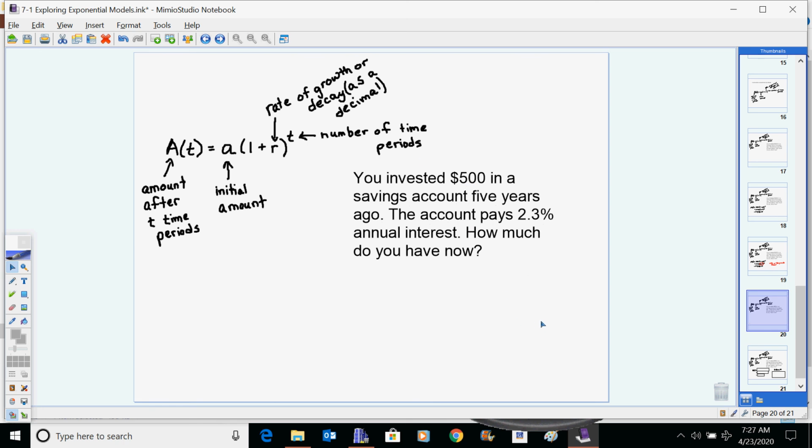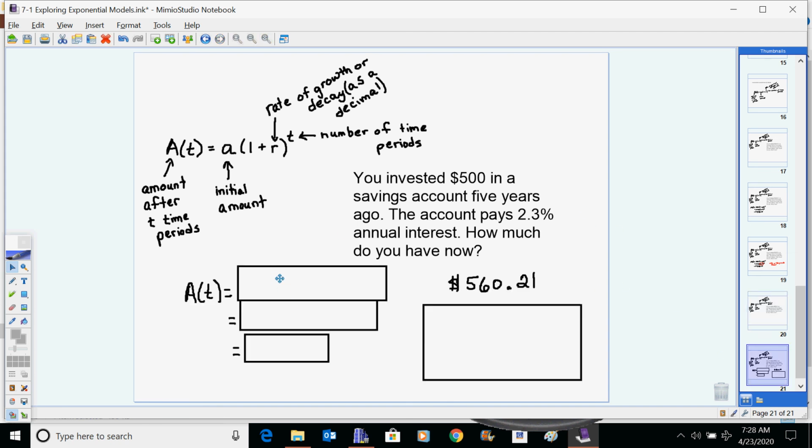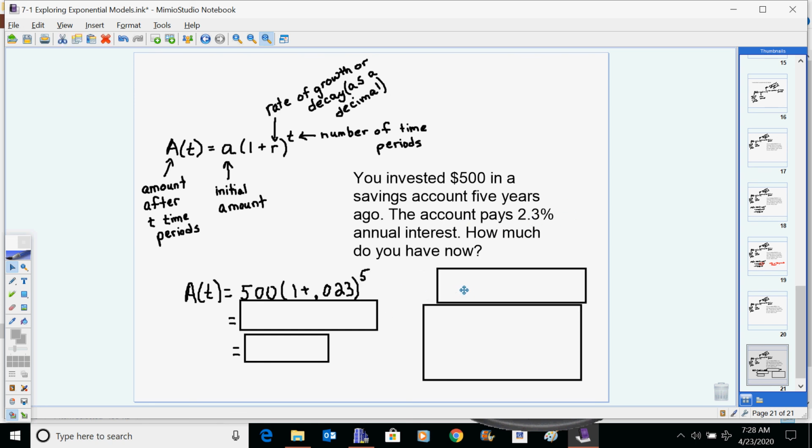Okay, so we've got an investment of $500, a 5-year investment, the account paying 2.3% interest. And so once again, we plug in these numbers. 500, 1 plus 0.023, you bump the decimal point over 2.